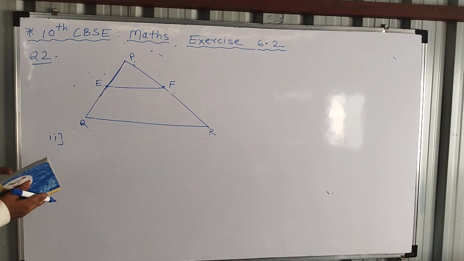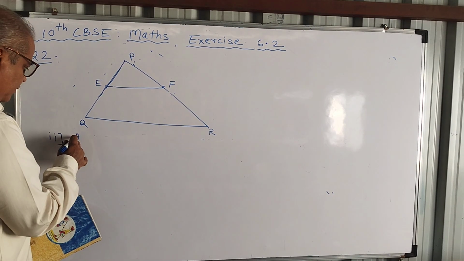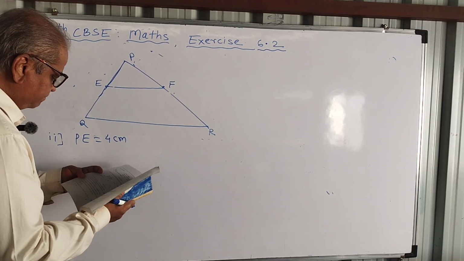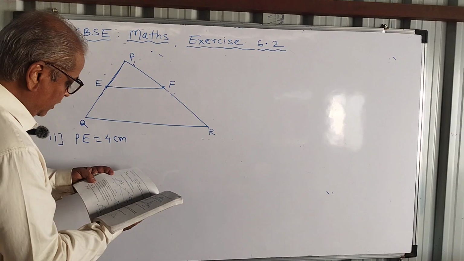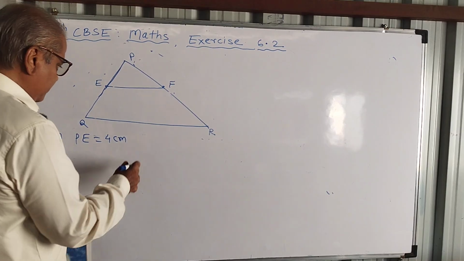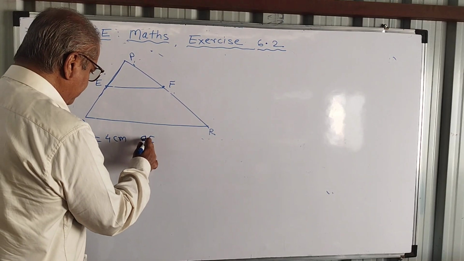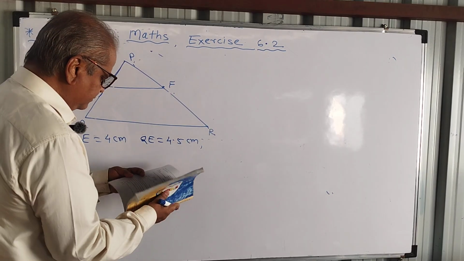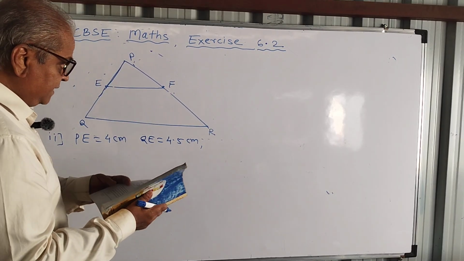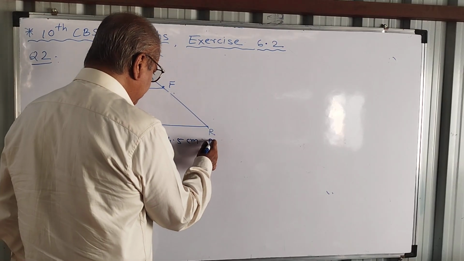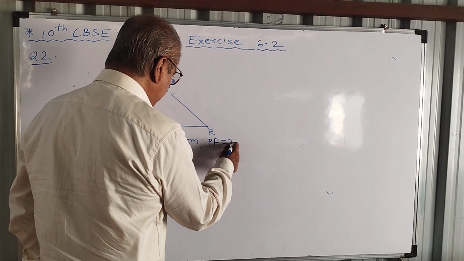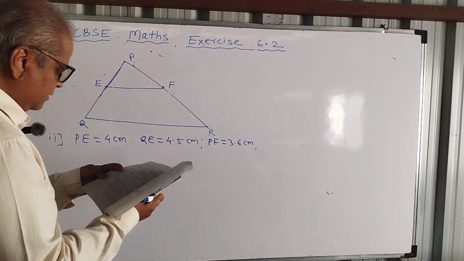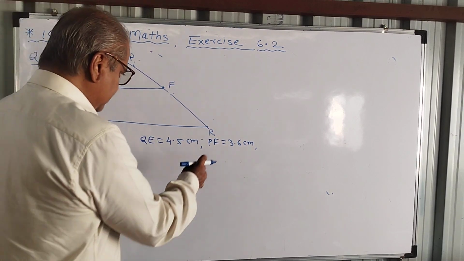Sub question 2: PE is equal to 4 centimeter, QE is equal to 4.5, PF is equal to, sorry, PF is 8.